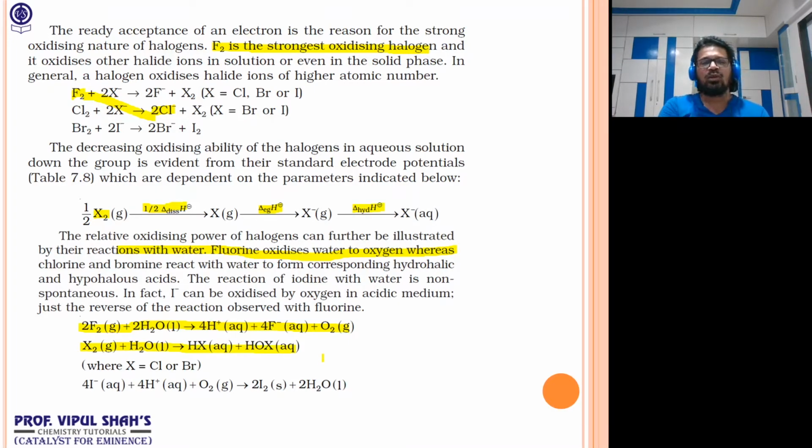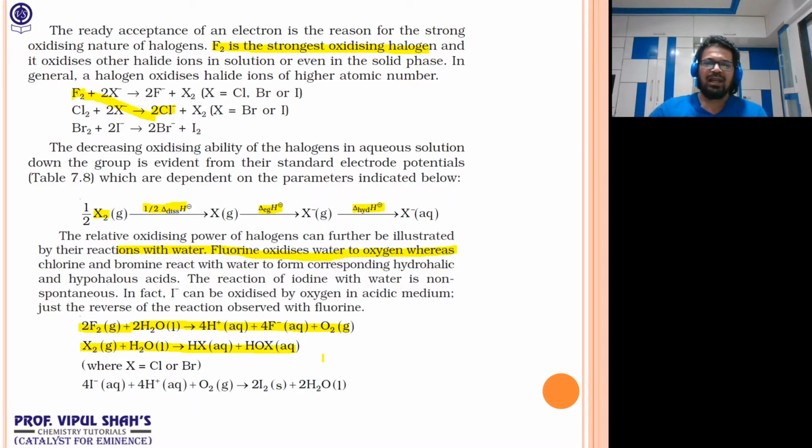Suppose I take chlorine: chlorine plus water will give us HCl, hydrochloric acid, plus HOCl, hypochlorous acid. We have done, what's hypo? Lower oxidation state. So in HOCl, Cl is in +1 because oxygen is -2 and hydrogen is +1. So hypochlorous acid, that way.